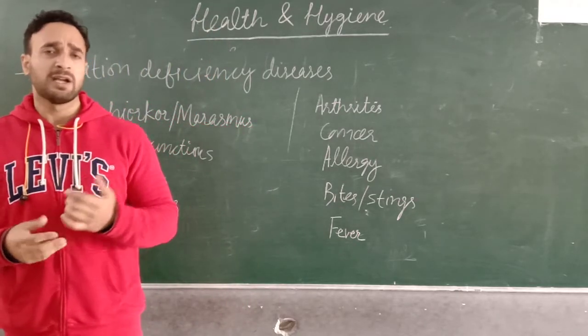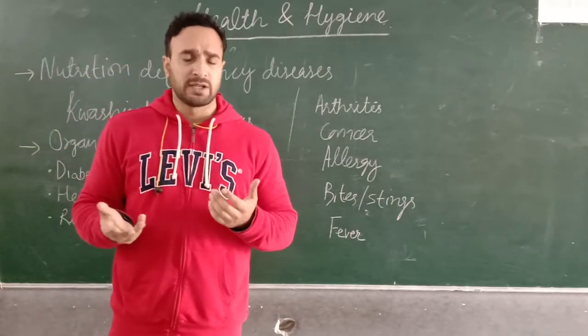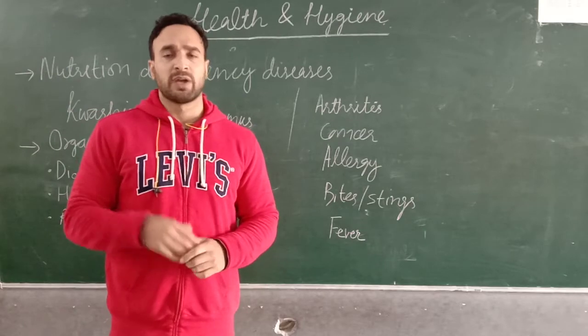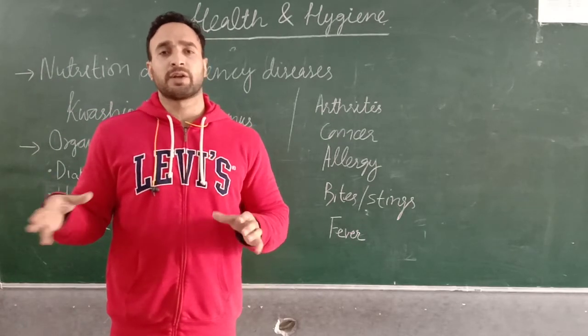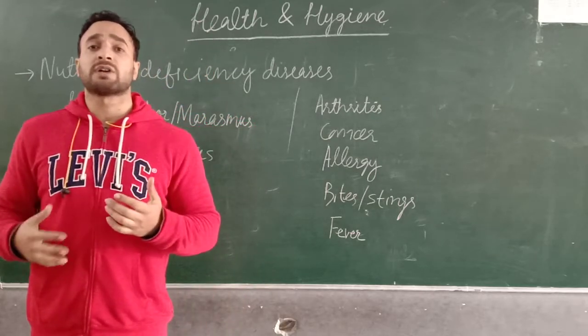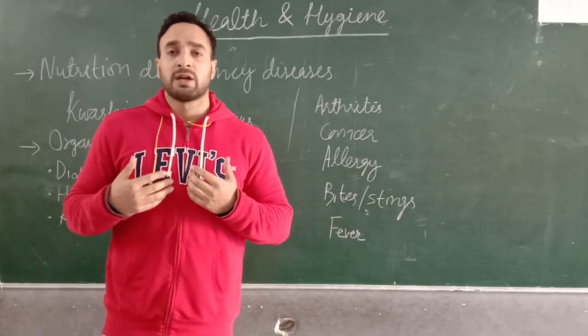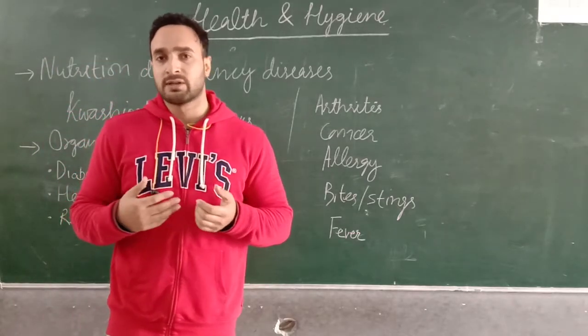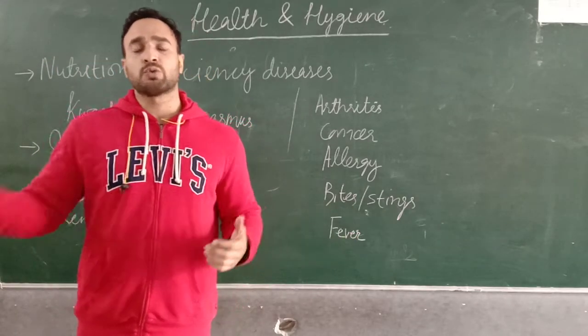Whenever we eat any food, it is ultimately broken down into glucose molecules, and those glucose molecules are used as an energy source. But not all of the glucose molecules are used as energy. For example, if I am doing some work, I may need only 100 calories, but the food I ate gave me 200 calories.